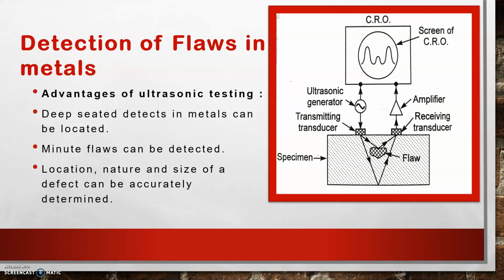Once you send the ultrasonic sounds, just because of the difference in the nature of the medium at the place of the flaw, the sound waves will get reflected, and they will be received by the receiver in a short span of time rather than other waves. So from that particular received waves, we can determine where that flaw is present and what to do.